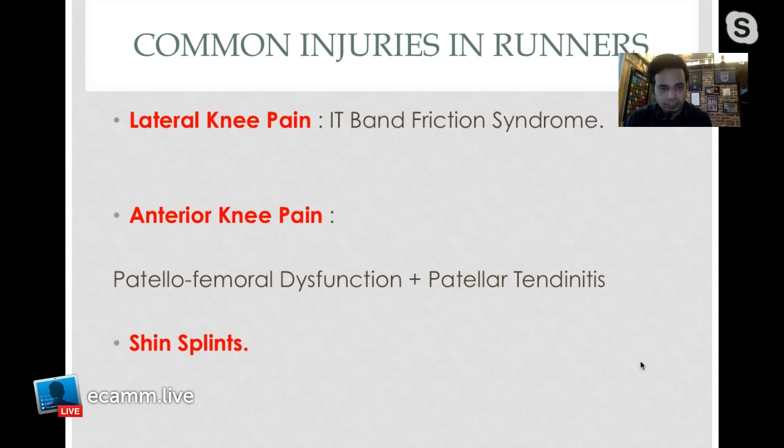In the anterior knee pain, we are going to focus on two conditions commonly seen in elite runners. The first is patellofemoral dysfunction, and the second is a combination of PF dysfunction with patellar tendinitis. And the third, most common in the lower leg, is shin splints.